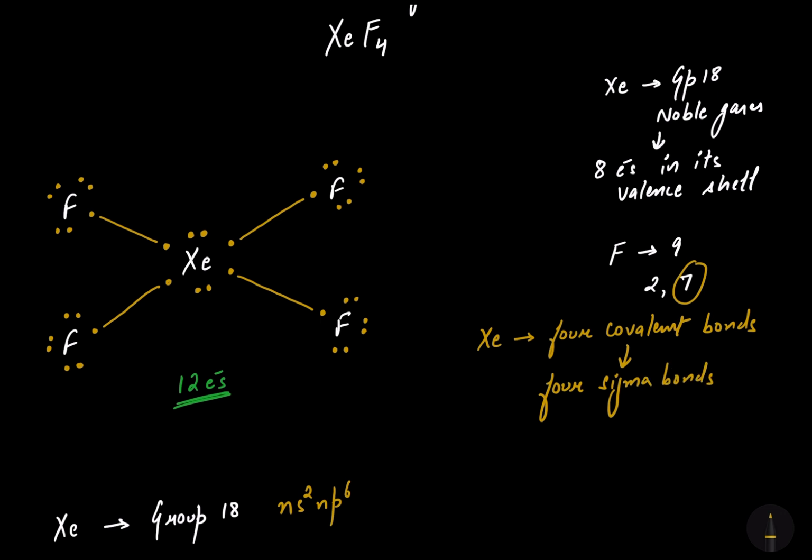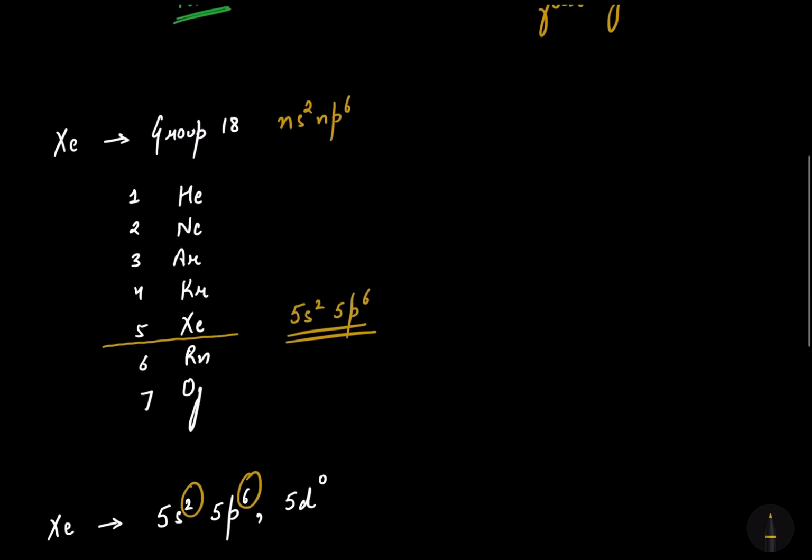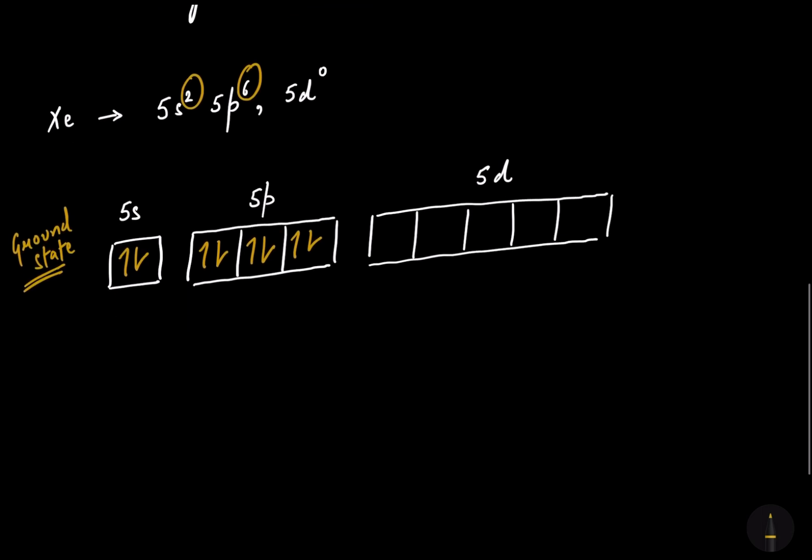That means if xenon has to form 4 sigma bonds, then the xenon atom must have 4 atomic orbitals containing 1 electron each, so that the 4 orbitals of xenon can overlap with the atomic orbitals of 4 fluorine atoms for the formation of 4 sigma bonds. So let's come to the electronic configuration.